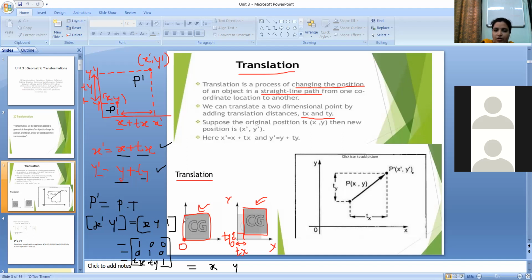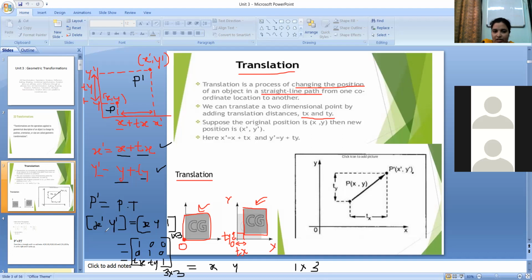So now in this matrix P, what are the dimensions? 1 row by 3 columns. This is the order of the matrix. And here it is 3 by 3. So when I perform multiplication of 1 by 3 with 3 by 3, I will get a result of 1 by 3.